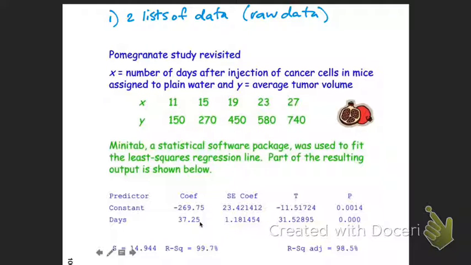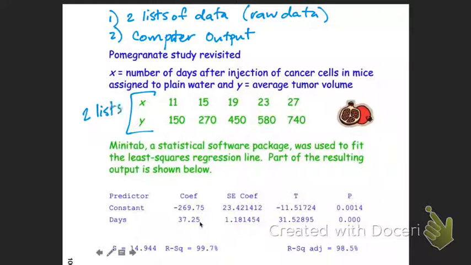The second way that you could be given data is called computer output, which is what this is. So this would be an example of 2 lists. This would be considered computer output, where we don't have the raw data, we just have what the computer has given us. So we can't extract the raw data from this.